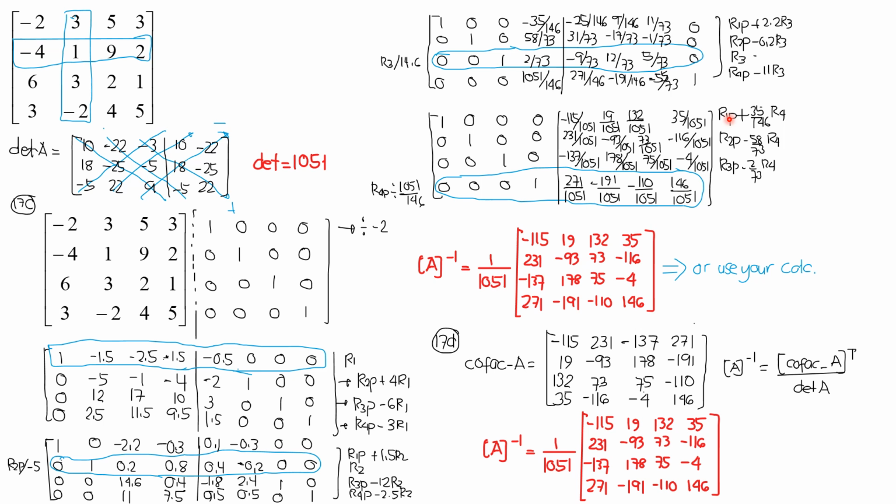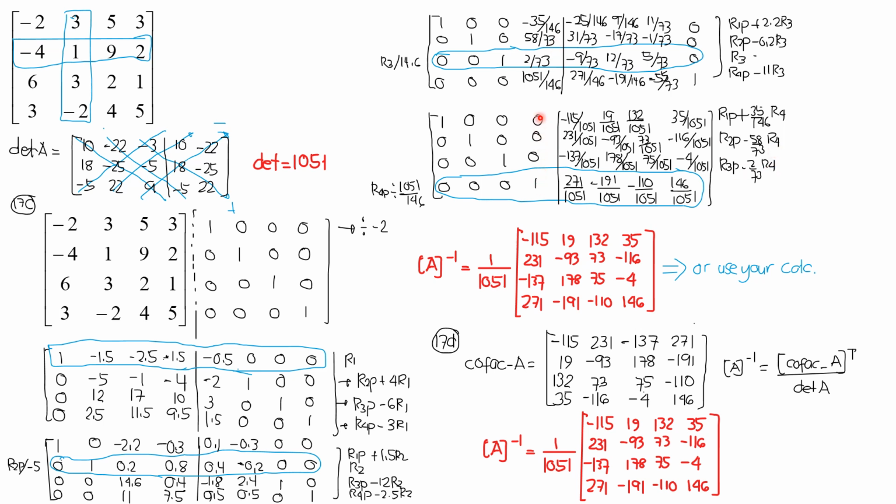Then row 1 previous, this row 1 here, plus 35 over 146 of row 4. You'll get all these elements here, the new elements. Row 2 previous, this row 2 here, minus 58 over 73 of row 4.